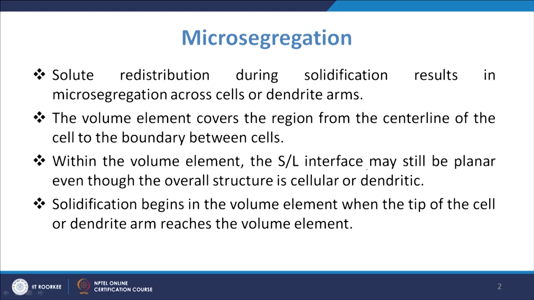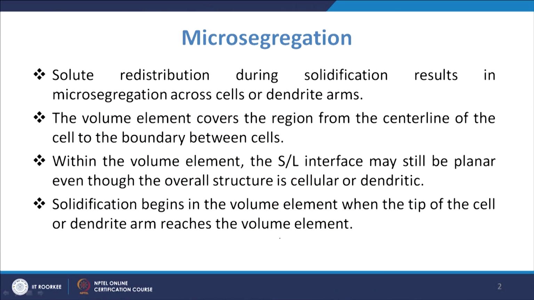Although the overall structure is cellular or dendritic, within that small volume element the interface may still be planar depending upon the conditions, so the planar type of solidification may still proceed in these cases.